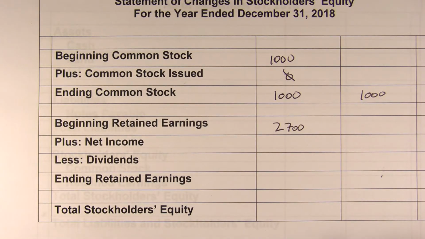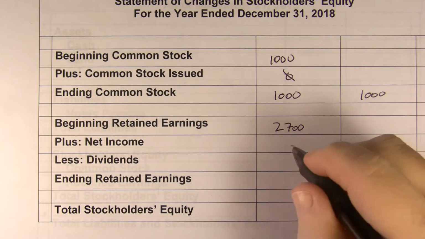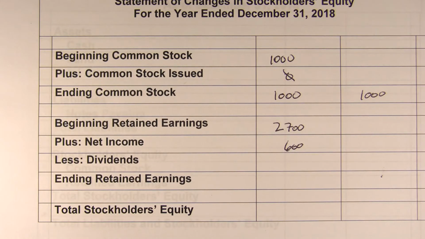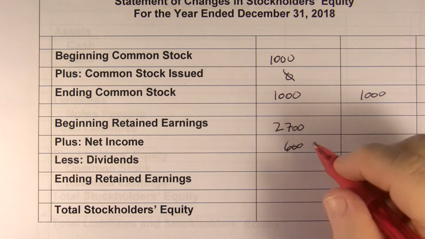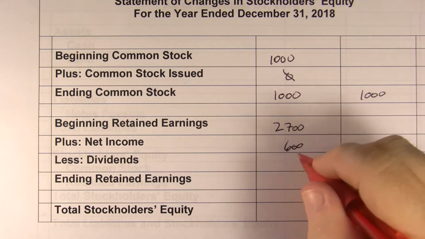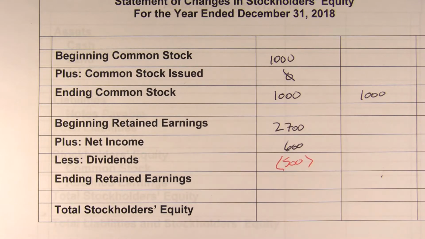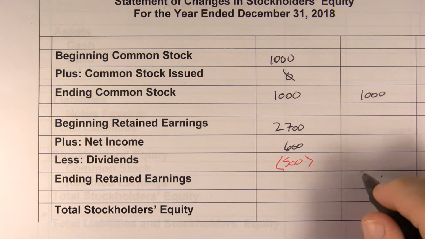We had some net income of $600. We gave out dividends. In other words, we gave out some of that income. As a matter of fact, we gave out damn near all of it. We gave out $500 in dividends, so our ending balance in retained earnings is $2,800.